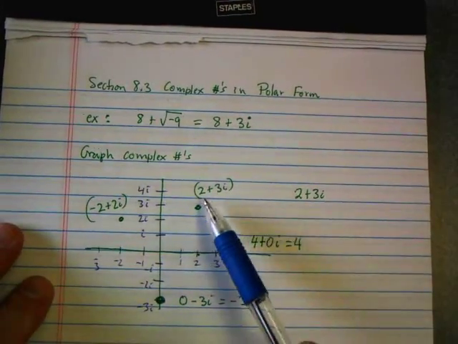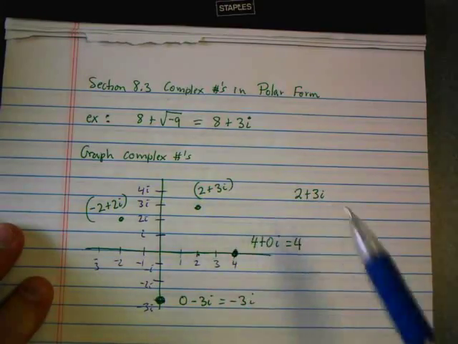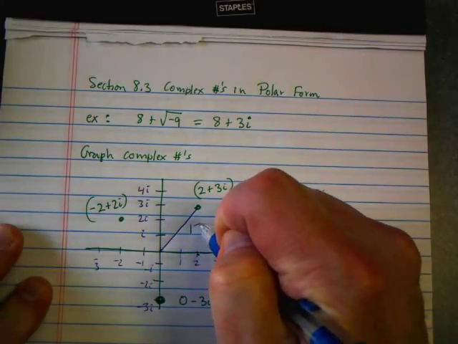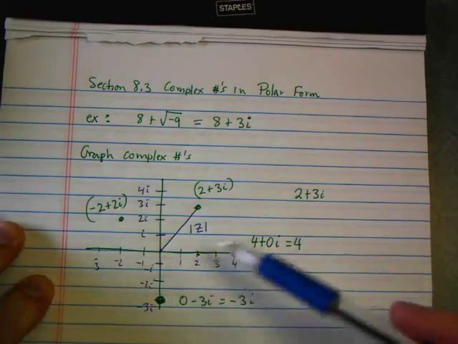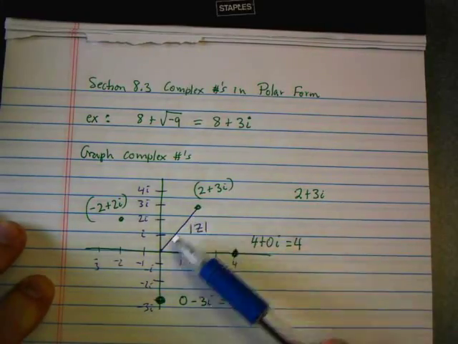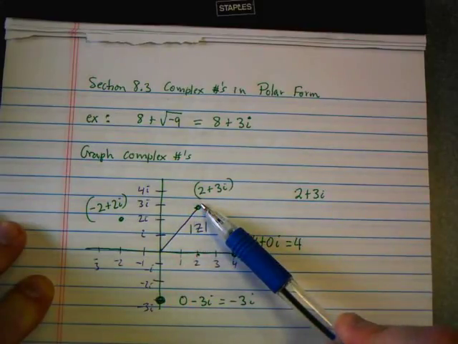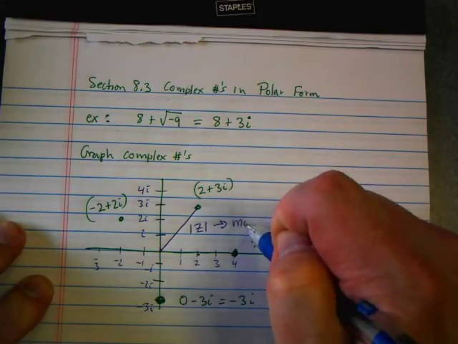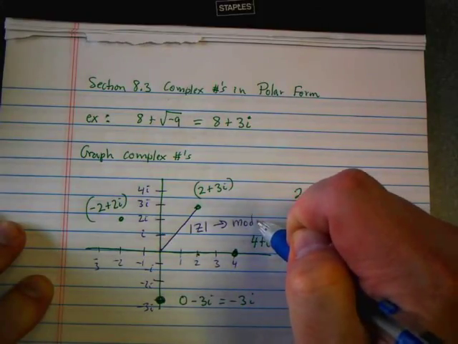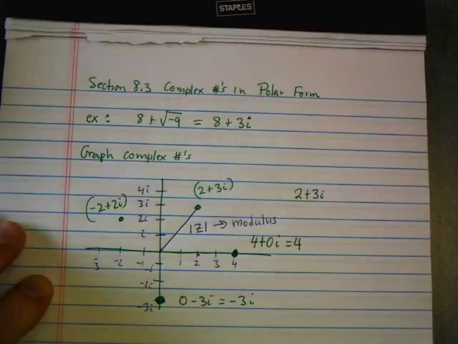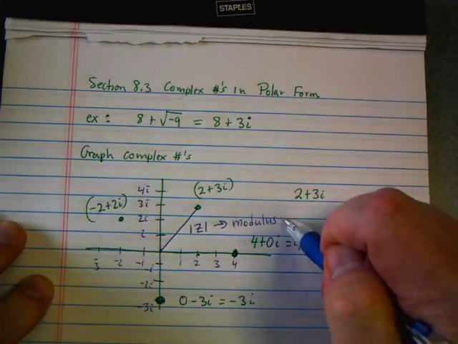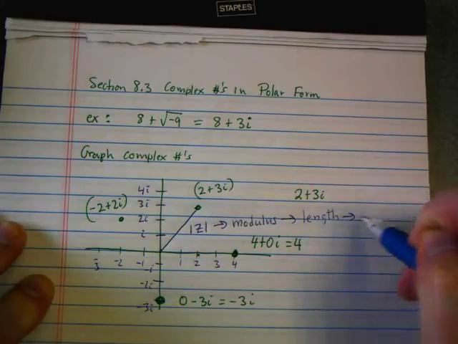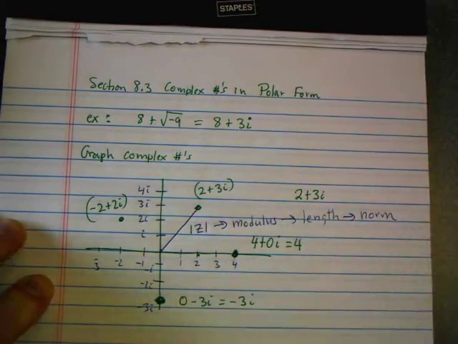If I give you the point 2 plus 3i, its absolute z value is the length from the origin up to there. And this is called the modulus. It's called the length. Sometimes called the norm. You'll hear all those words.